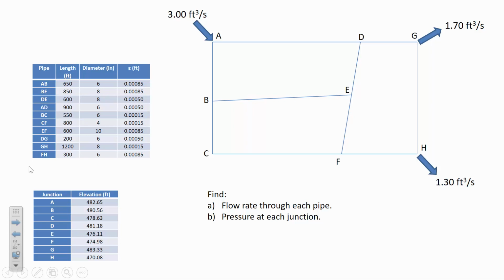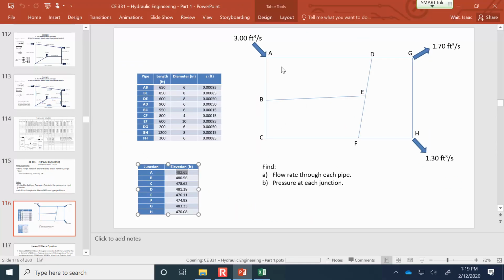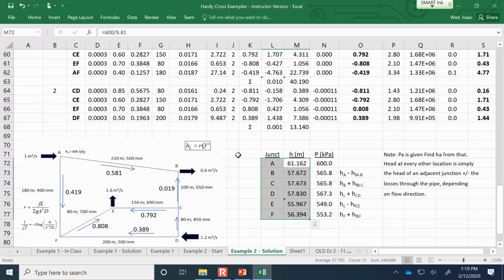I'll look at your spreadsheet if it's not converging or if your f values aren't repeatable. I sometimes can find the mistakes, so give yourself an early start and then you won't be stuck overnight trying to find the mistake yourself. All right, so that's the first problem in the assignment. Any questions on the Hardy-Cross method before we move on?